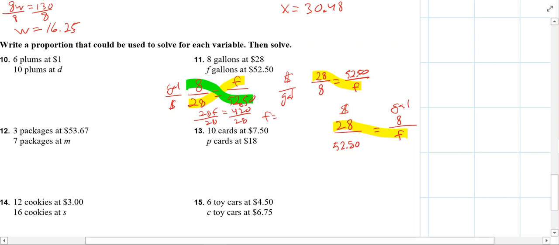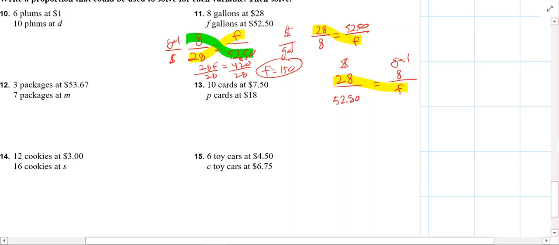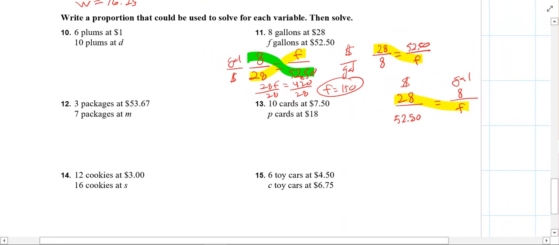And I get F is 150. All right. Now I'll try to do a better job with writing clearer and stuff. My hand is getting tired. This is the third set of notes in a row.